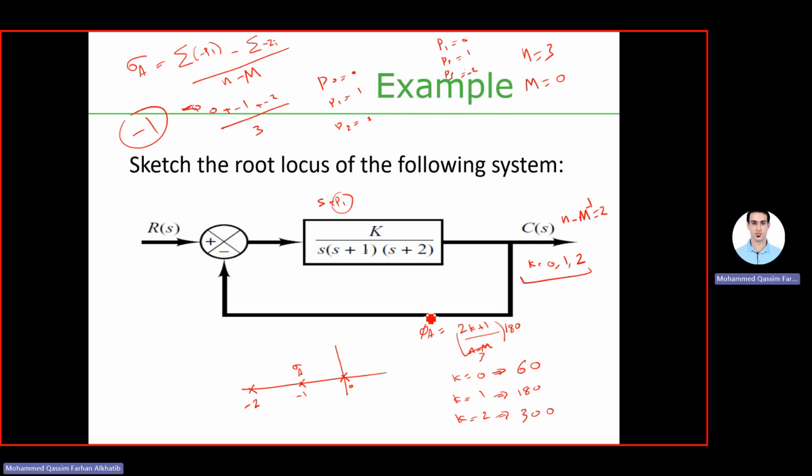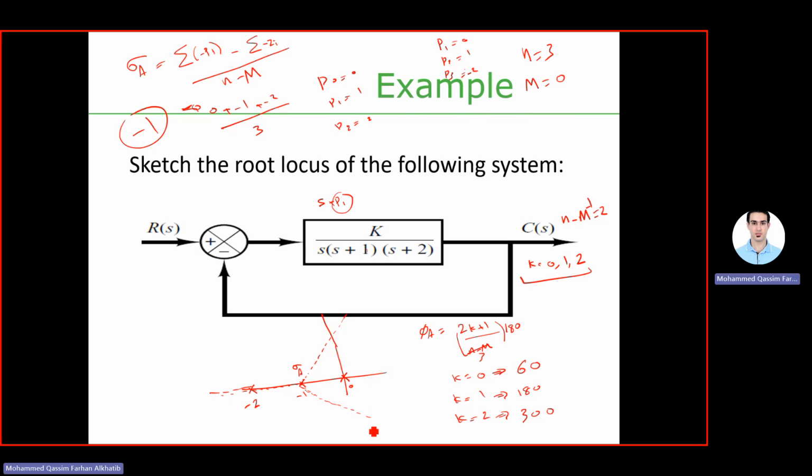Right. Again, asymptotes are imaginary lines. So that's at 60. That's at 180. And this is a 300. 300 is 60 down. So this is the angle 60. That's what I meant by 60 down.